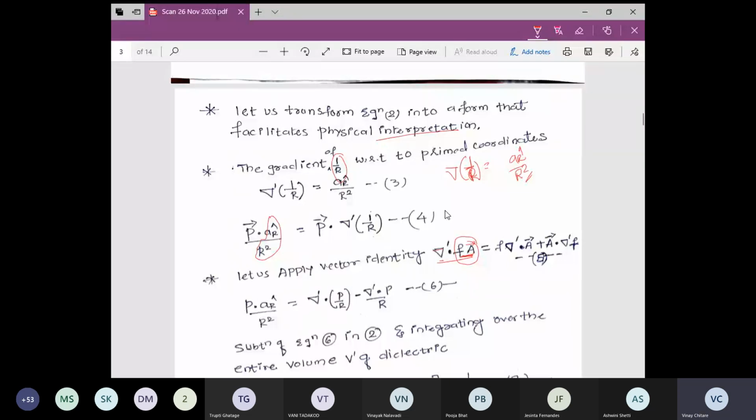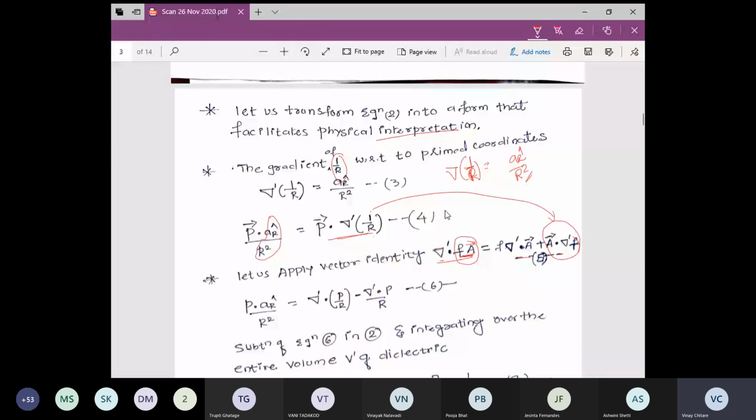In our case, if you look at the right hand side, you could see that we have this term which is really the same as this term.